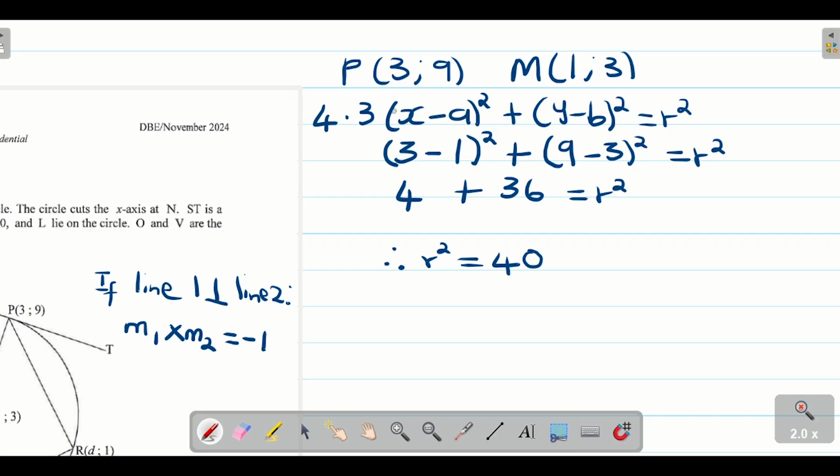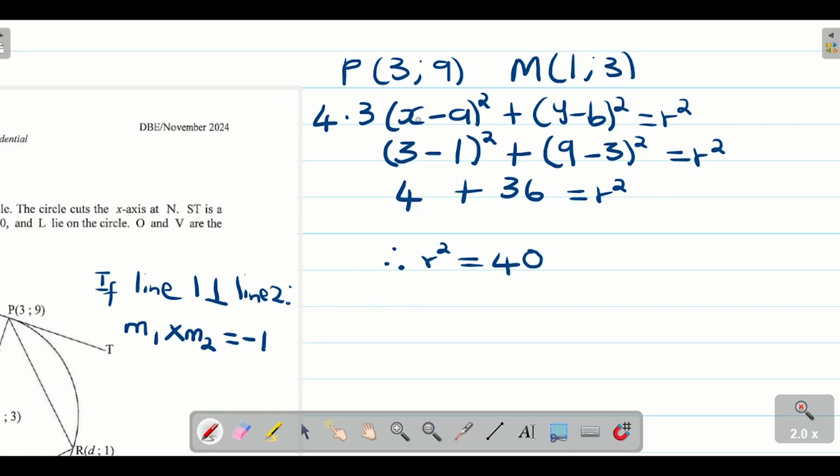So we're going to use this again. Now that we have r squared, we're going to take this equation and put in the center again, and put r squared, and then from there we simplify and make sure that we end up with the equation of the circle that they want us to have.